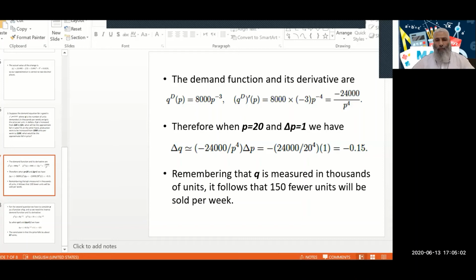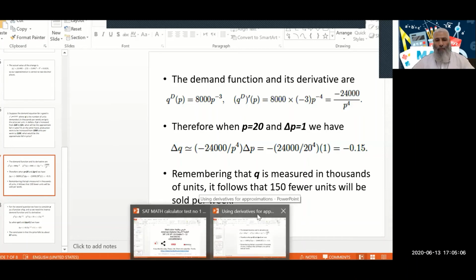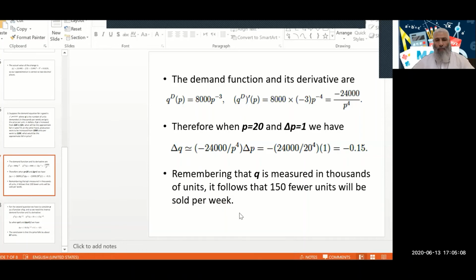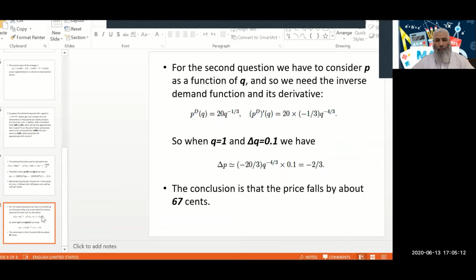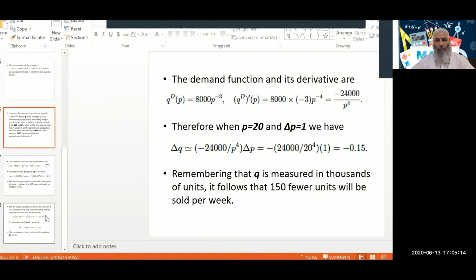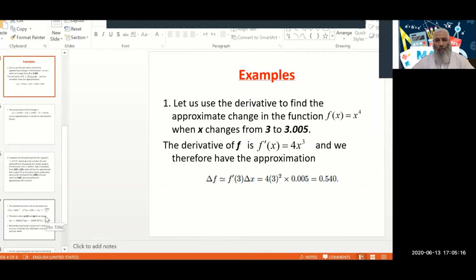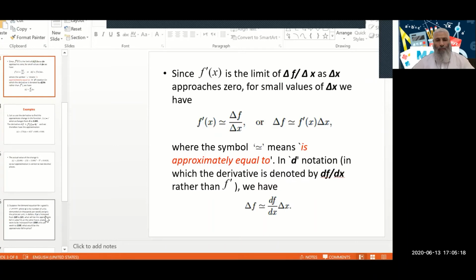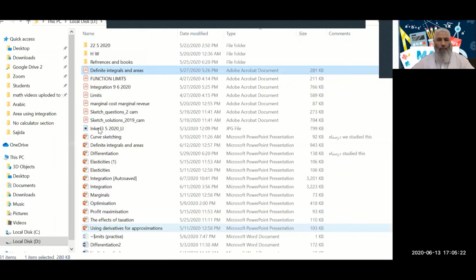This is which file? I think it's the original derivative, the first one we studied. Not the last one, not definite integrals. It's using derivatives for approximations.